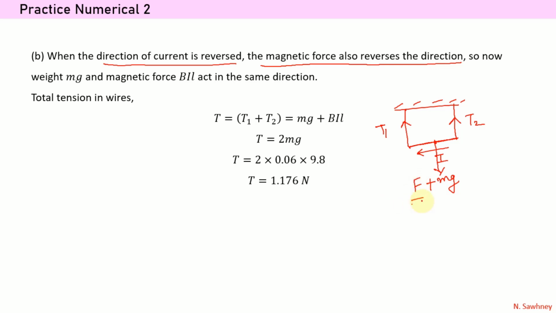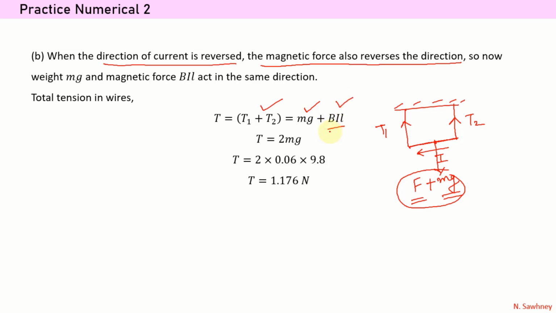That means this force and weight are in the same direction. So the total tension in the wire will be balanced by the sum of force and the weight. So it can be written as T1 plus T2 is equal to mg plus magnetic force BIL.